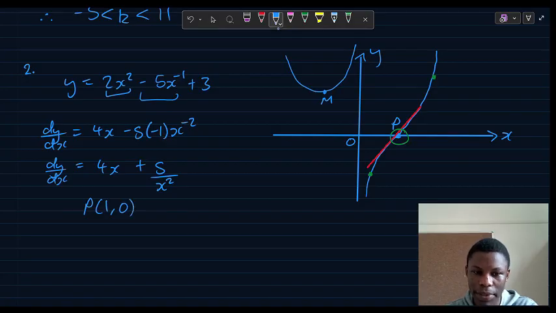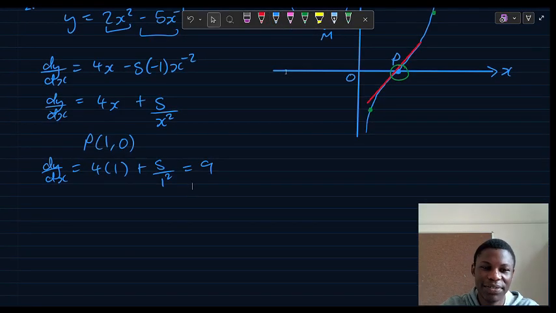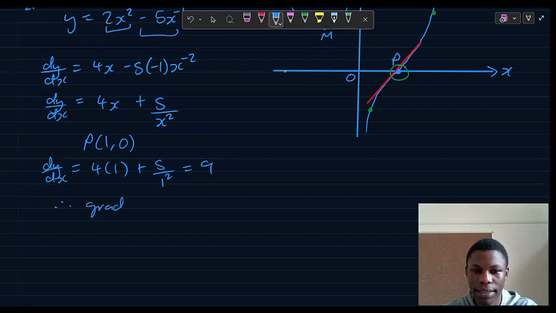So we substitute x with 1 in our gradient function. dy/dx is equal to 4 times 1 plus 5 over 1 squared, which is 4 plus 5, which is 9. So the gradient is 9. That's our final answer for part A.